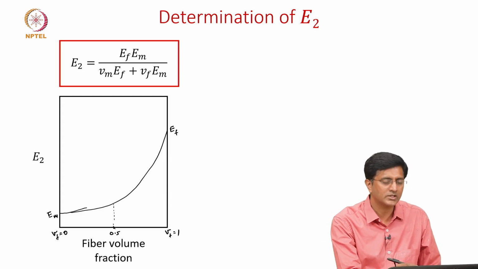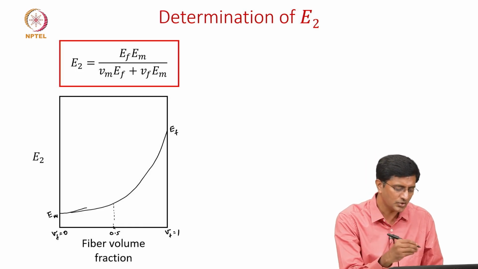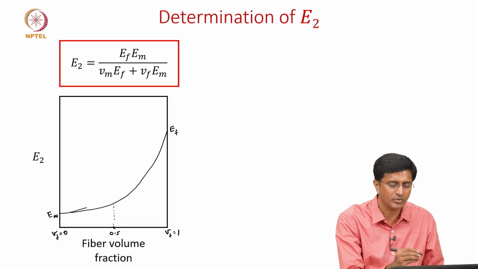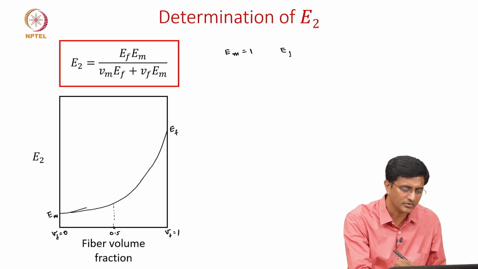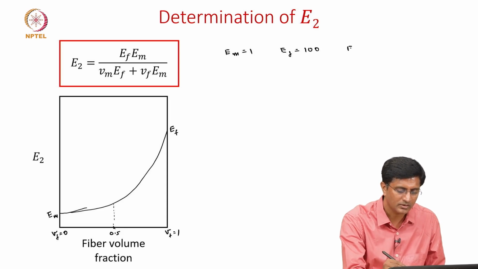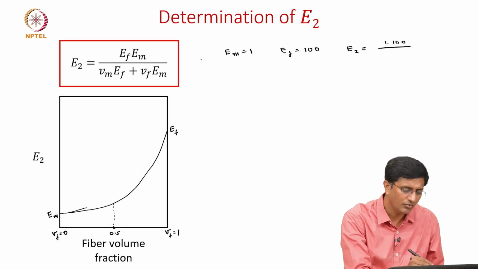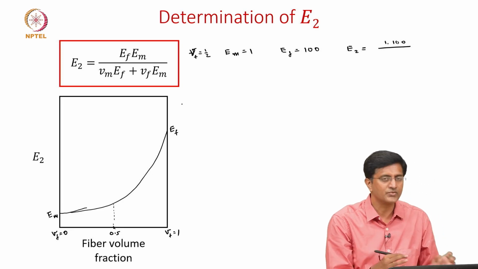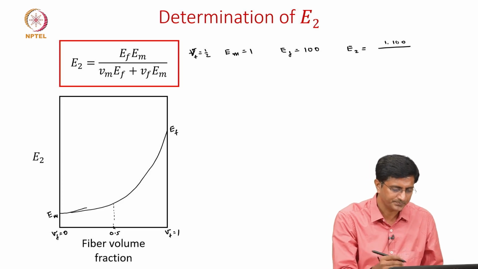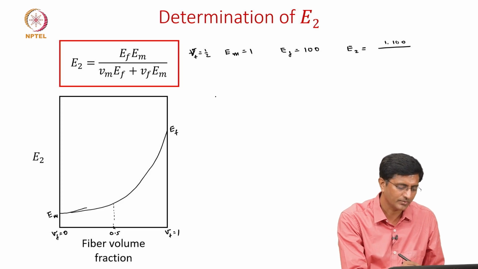So here too, let's ask the same question, whether it is matrix dominated or fiber dominated. So again, we'll follow the same kind of example we have done previously, where we said EM is equal to 1, EF is equal to 100, and here E2 should be written as 1 times 100 by, we are looking at the volume fraction of fibers as half, because practical composites have volume fractions close to half.